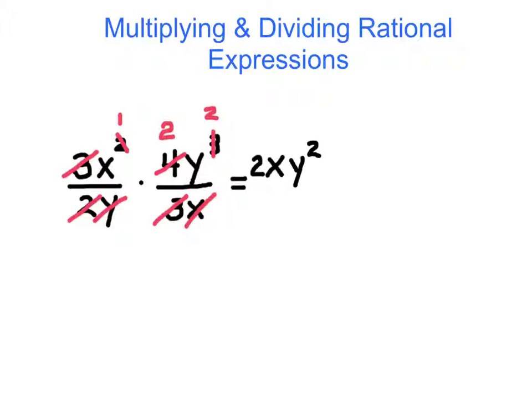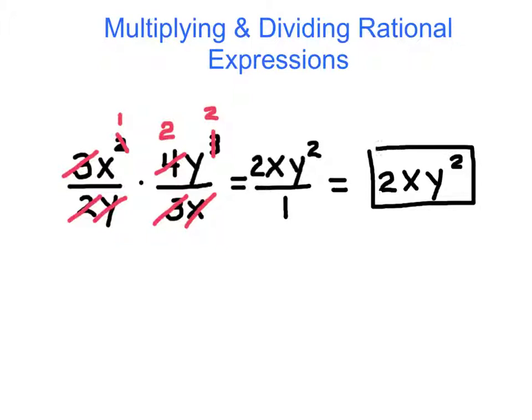In the denominator, we can see that everything has been canceled out, so we have a 1. When there's a 1 in the denominator, we actually don't need to write it. So our answer is 2xy squared. This is our final answer, so we'll put a box around it.